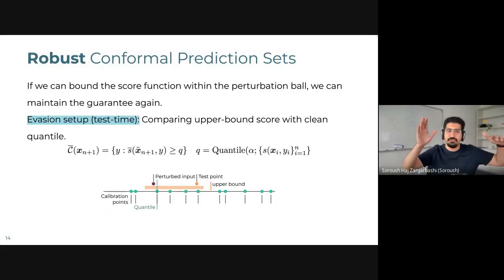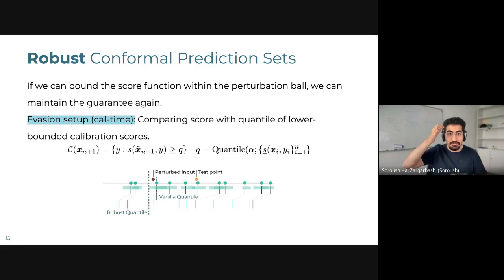The test point is after this with one minus alpha probability, and by upper bound I'm remedying this perturbation somehow. And now again the same thing happens. So the clean test point in the lower bound score is exchangeable with the clean calibration points in the lower bound. So on the clean point I have the 1 minus alpha guarantee.